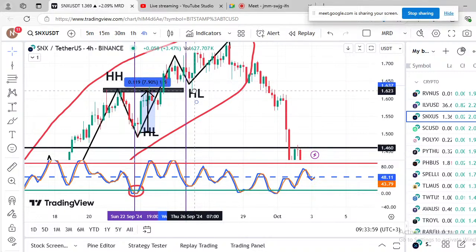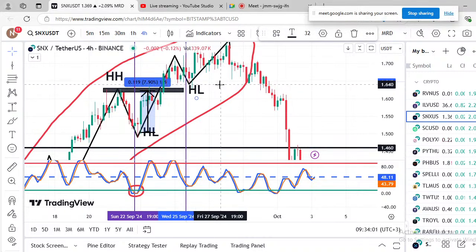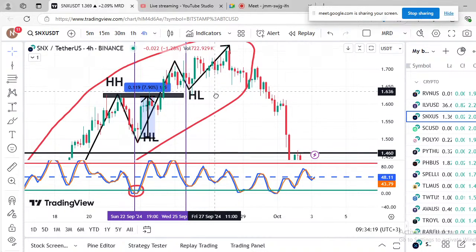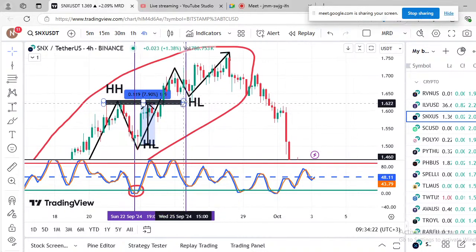The reason why it is a higher low is that when you draw a line from the previous high up to here, you can see the market was coming back to touch. And you can see the moving averages here, they are bending to show you that automatically we are going to respect this area.